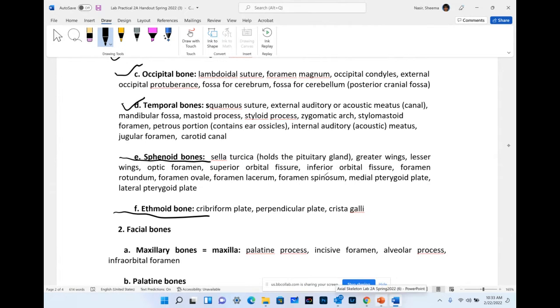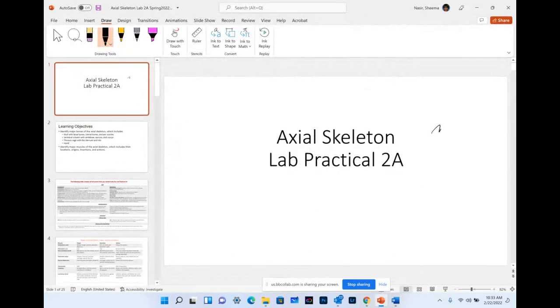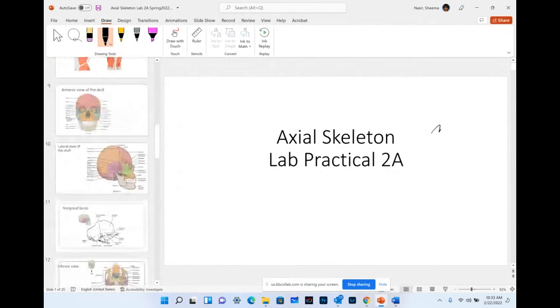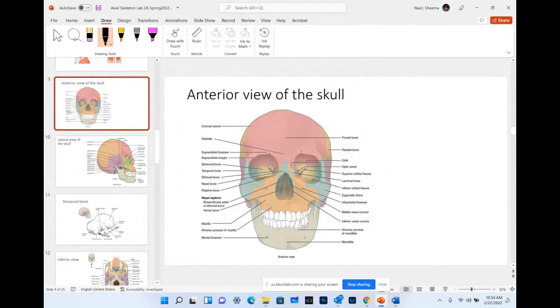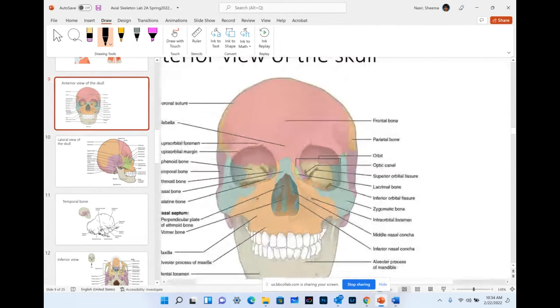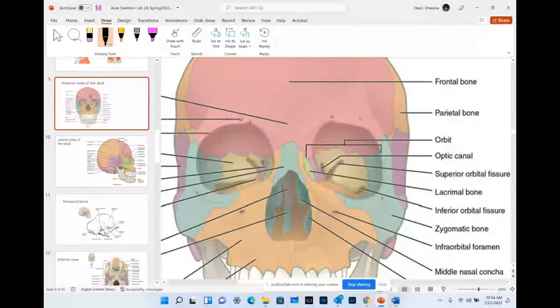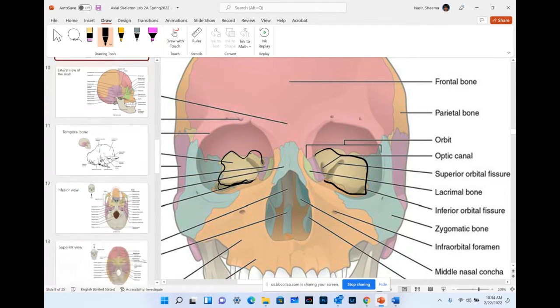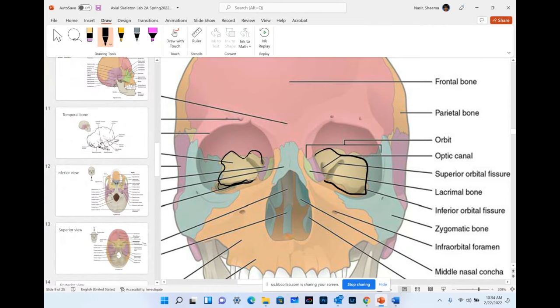So let's look at our PowerPoint, and we are going to go to the skull. Okay, you see the yellow bone right here, a little part of it. That is your sphenoid bone. And it looks very small, but basically it is a big bone.